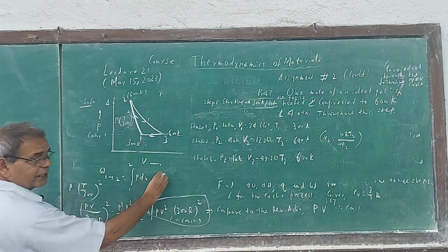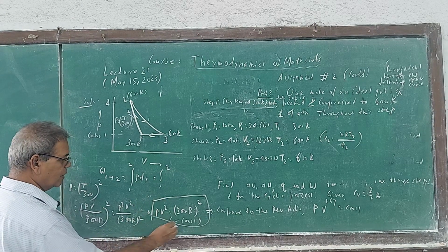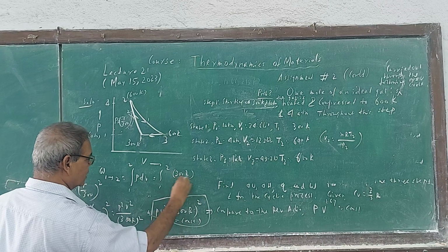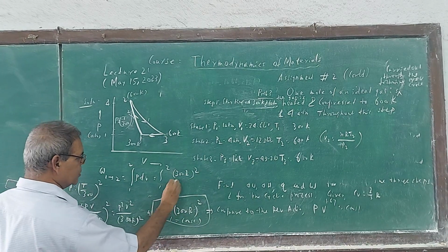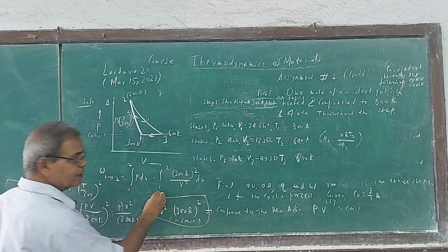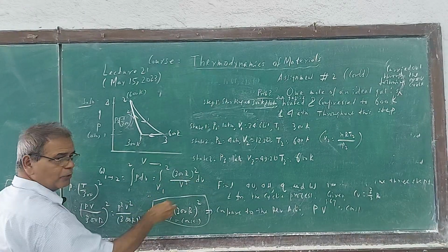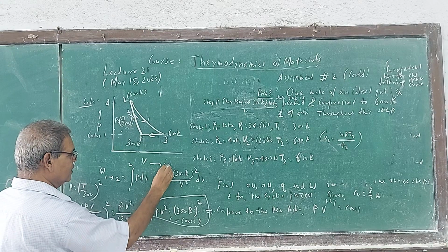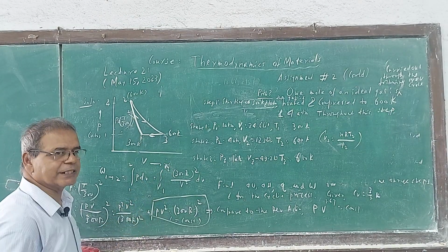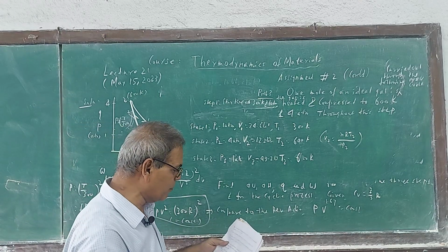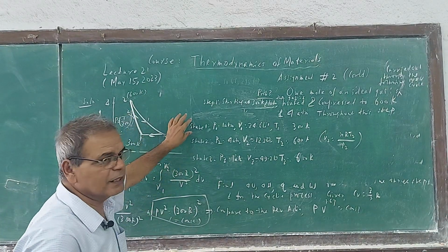I am getting you started. 1 to 2, what is P? 300 R square by V square dV. You do yourself. What is the volume, 1 to 2 means? V1 to V2. This is all about V. Now you can integrate the PV relationship. So do yourself W. Next class you will come with the complete answers.